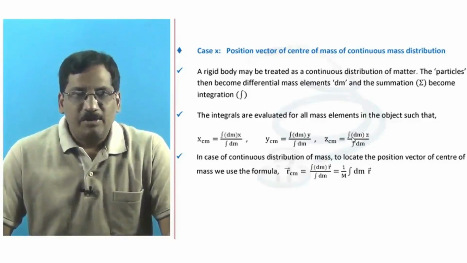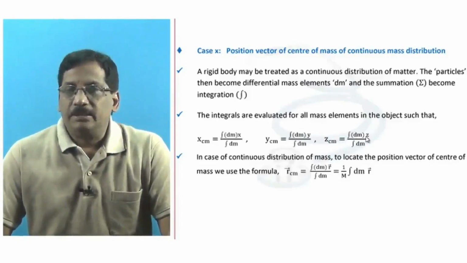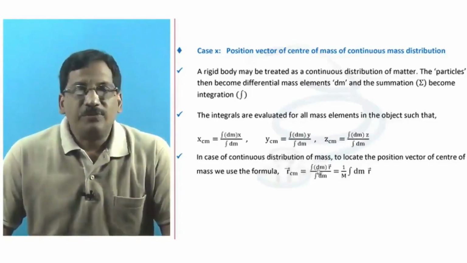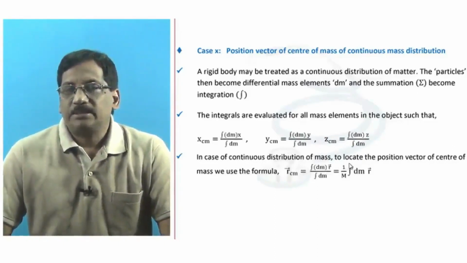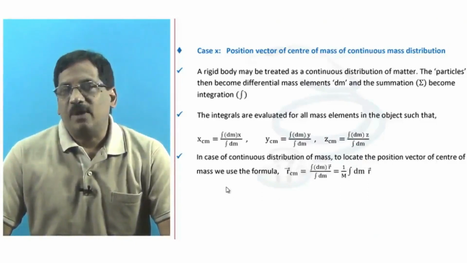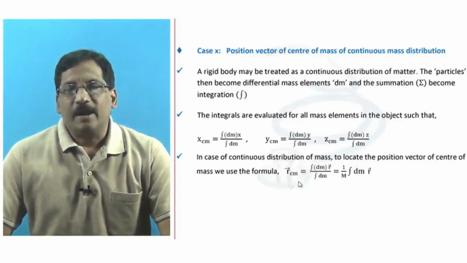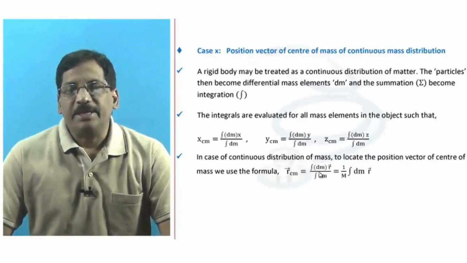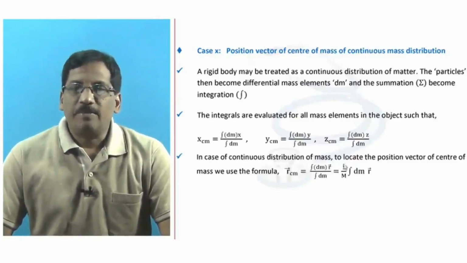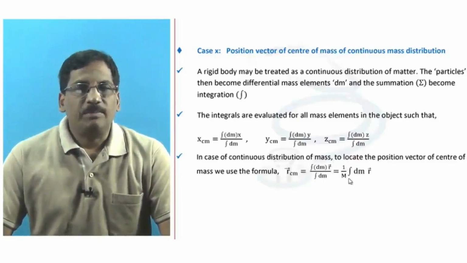I will explain this again in the numericals video. And in the case of continuous distribution of mass, to locate the position vector of center of mass, the formula that we use is RCM bar equals integral of dm r bar divided by integral of dm. And of course the denominator, integral of dm, is nothing but the total mass of the system.